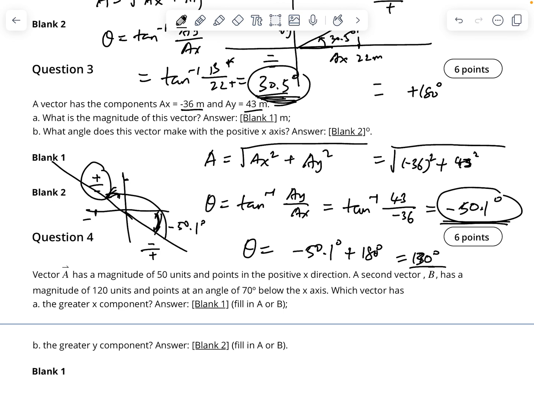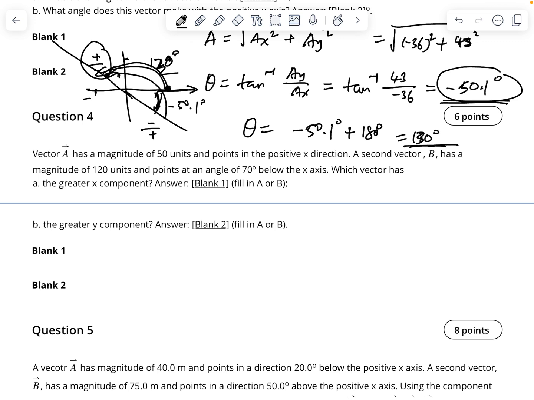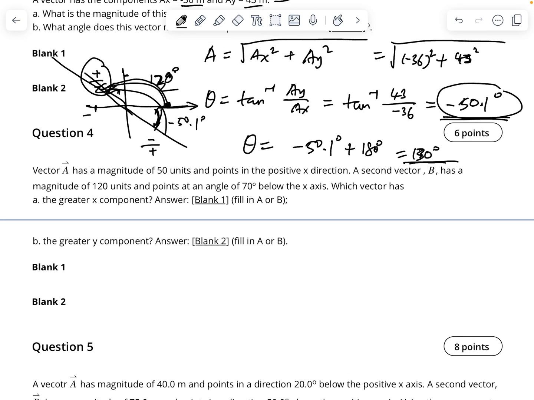Basically this is the angle you get, 130 from the x-axis, so go all the way there. That's the angle you should have. This is a second quadrant angle, a second quadrant vector.